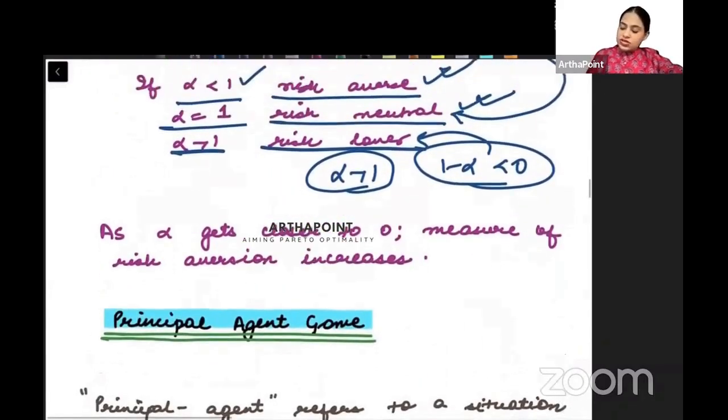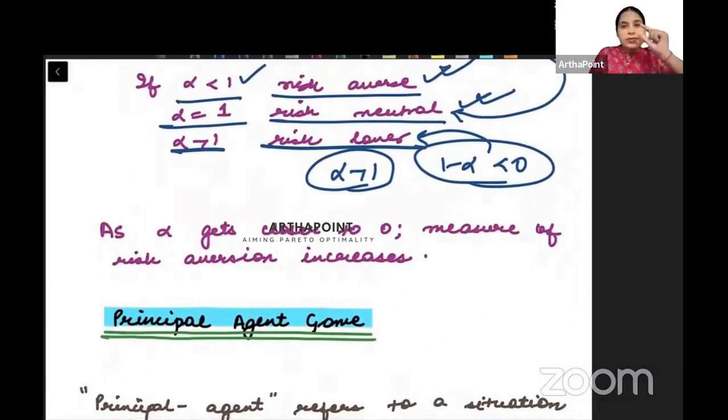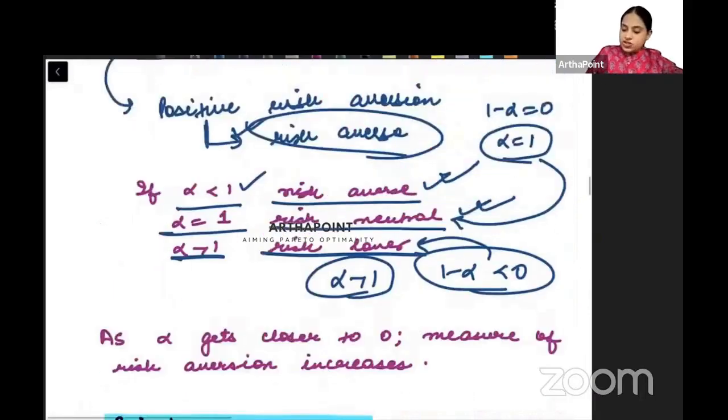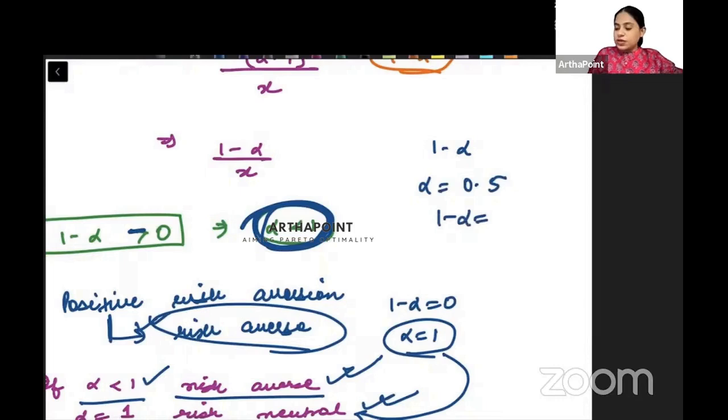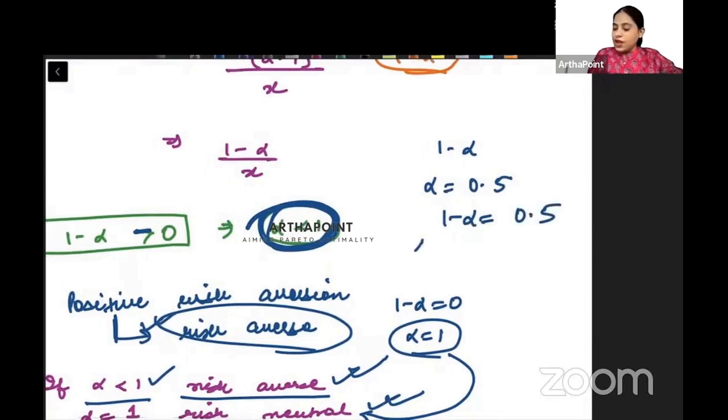So you will notice that as alpha becomes smaller, जैसे कि for example 1 minus alpha में if alpha is 0.5, the amount of risk aversion will be 0.5. 1 minus 0.5, 0.5 हो जाएगा. And if alpha is 0.3, तो risk aversion will be 1 minus alpha माने 0.7.